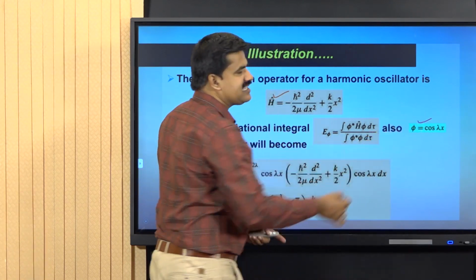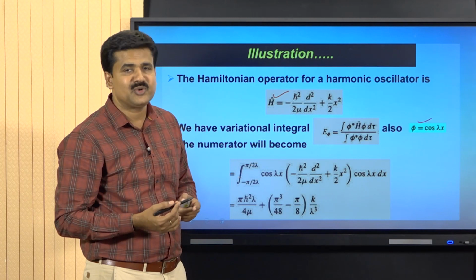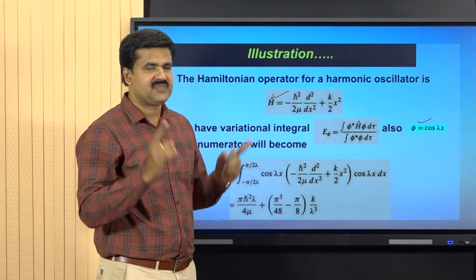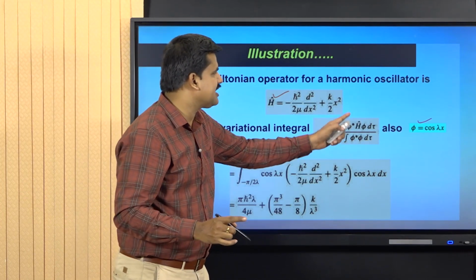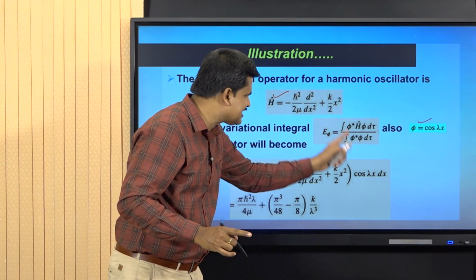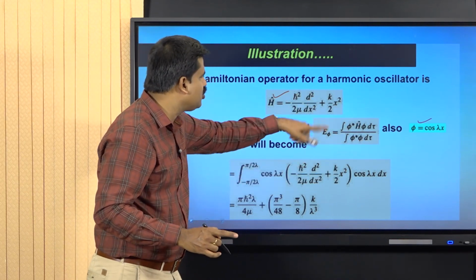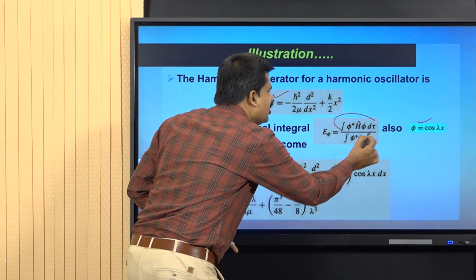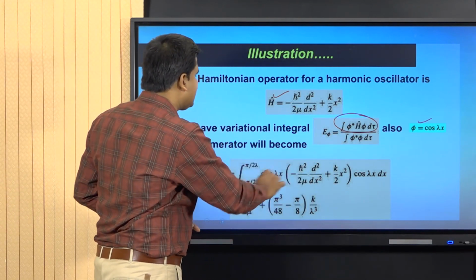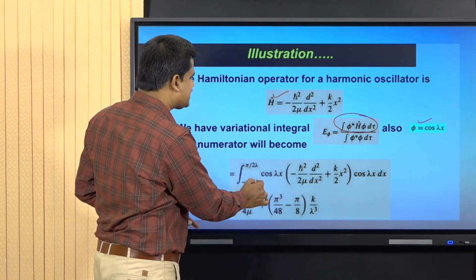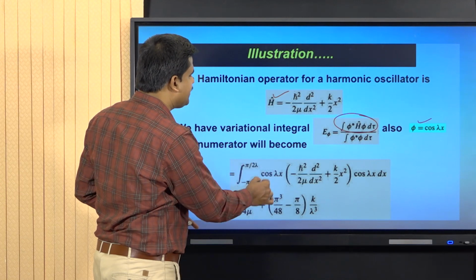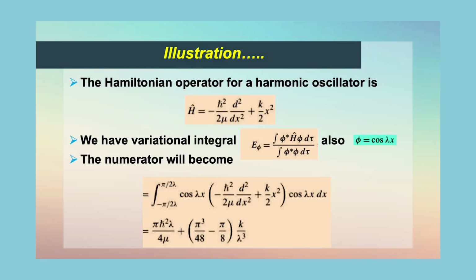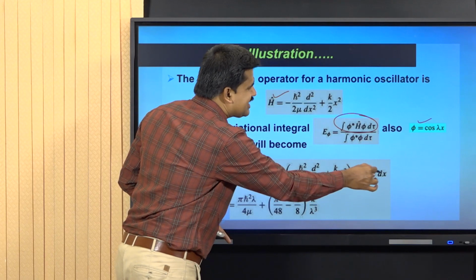Phi is equal to phi star because there is no imaginary part. Substituting the Hamiltonian and phi in this expression, the numerator will be equal to the integral from minus pi by 2 lambda to plus pi by 2 lambda of cos lambda x times minus h cross square by 2 mu d square by dx square plus k by 2 x square acting on cos lambda x, dx.